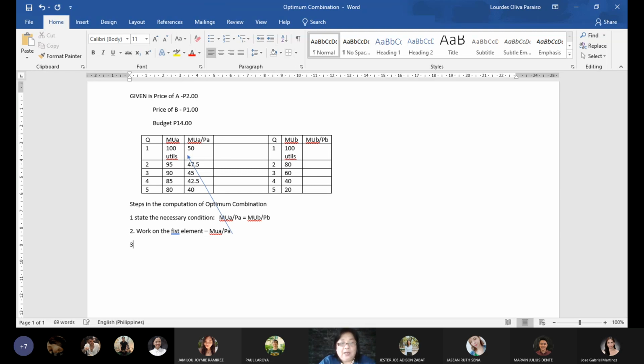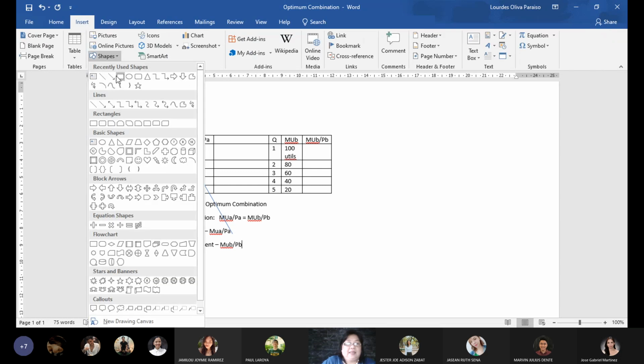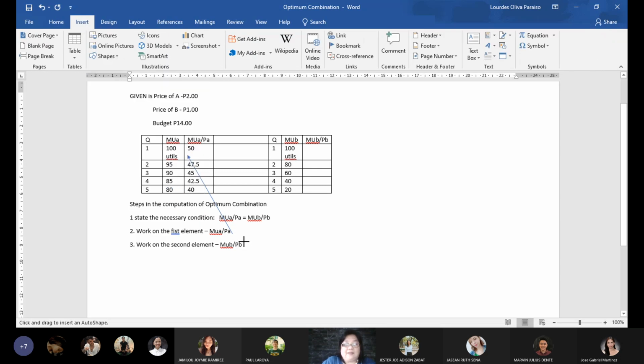Let's work on your third step. Work on the second element, that you have your marginal utility of B over price of B. So what we need to work on now is your second table. So how is that done?